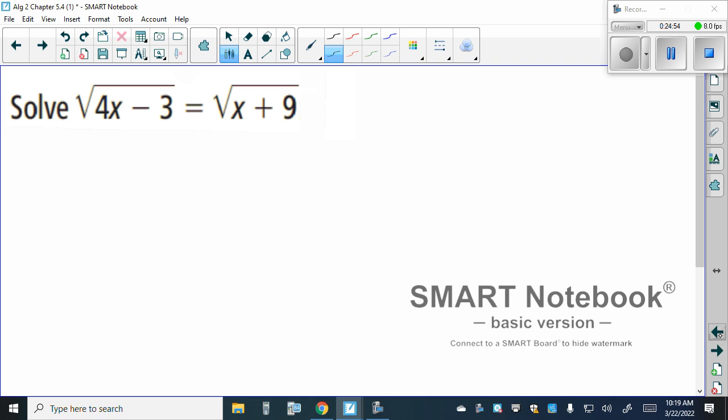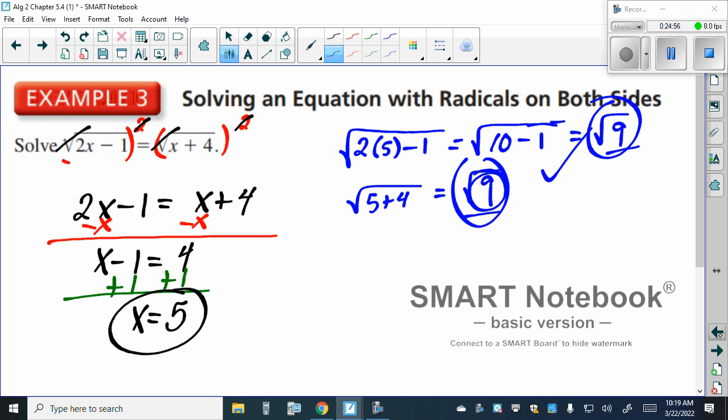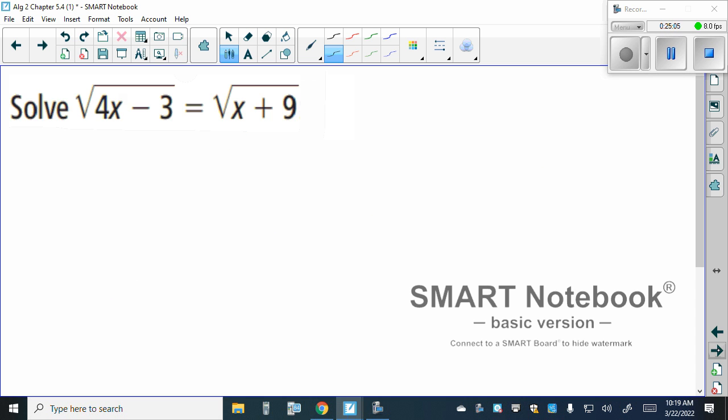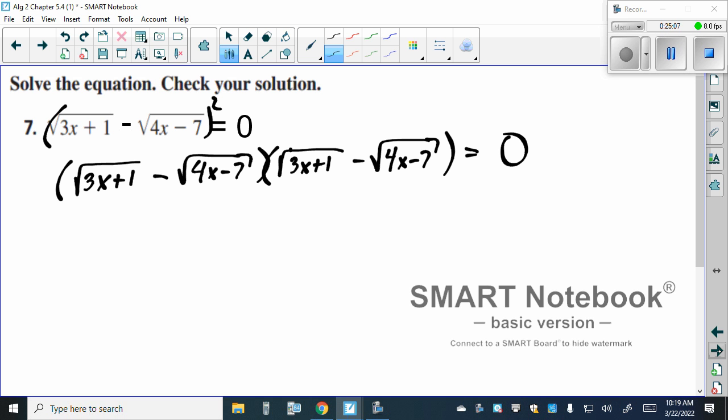Now it's worked out nicely on the other ones because when I squared this here, there's only one thing. I'm just multiplying it by itself. I don't have to do this distributive property. Here, we have two things that are being multiplied by themselves, yes?